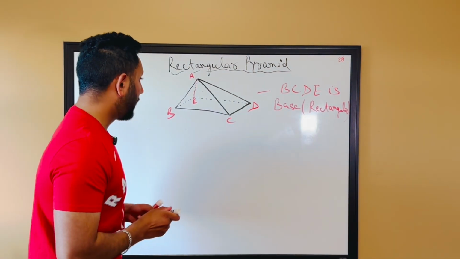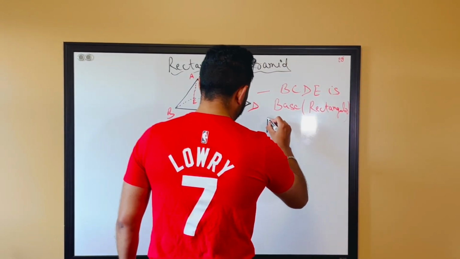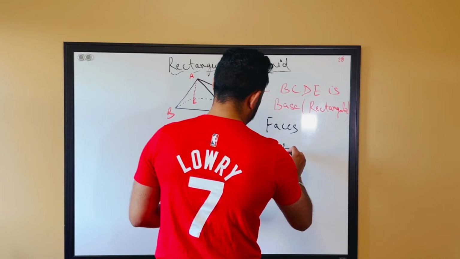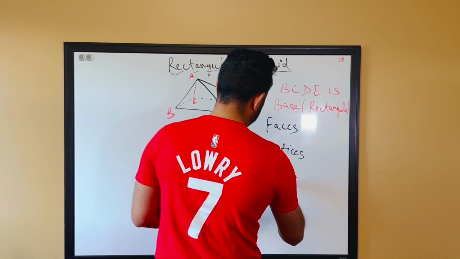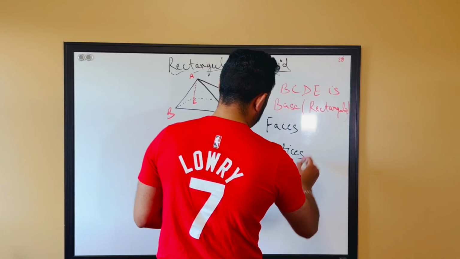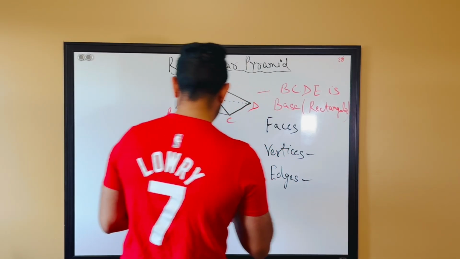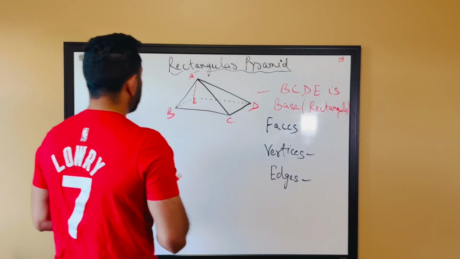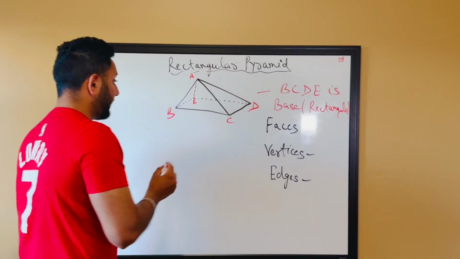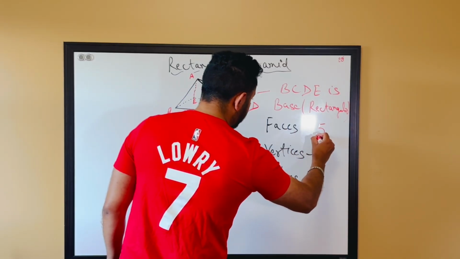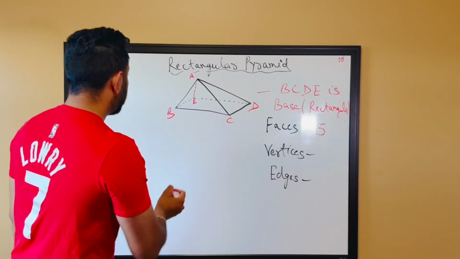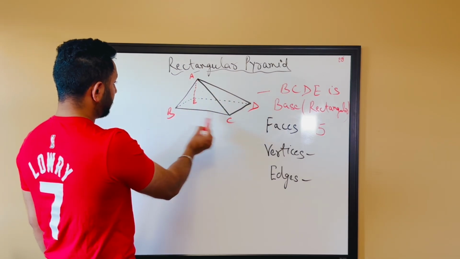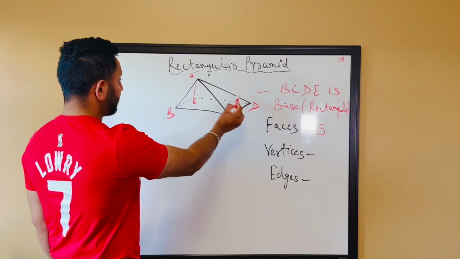And so now we're gonna do faces, vertices, and edges of a rectangular pyramid. So let's start with the faces. It has 5 faces. So let's count them. A, B, C is the first face, and A, C, D is the second face.